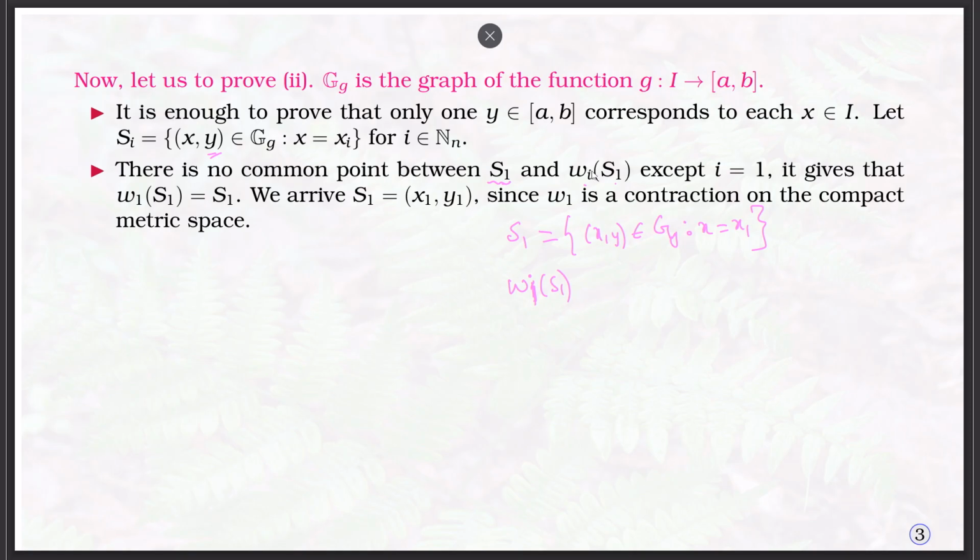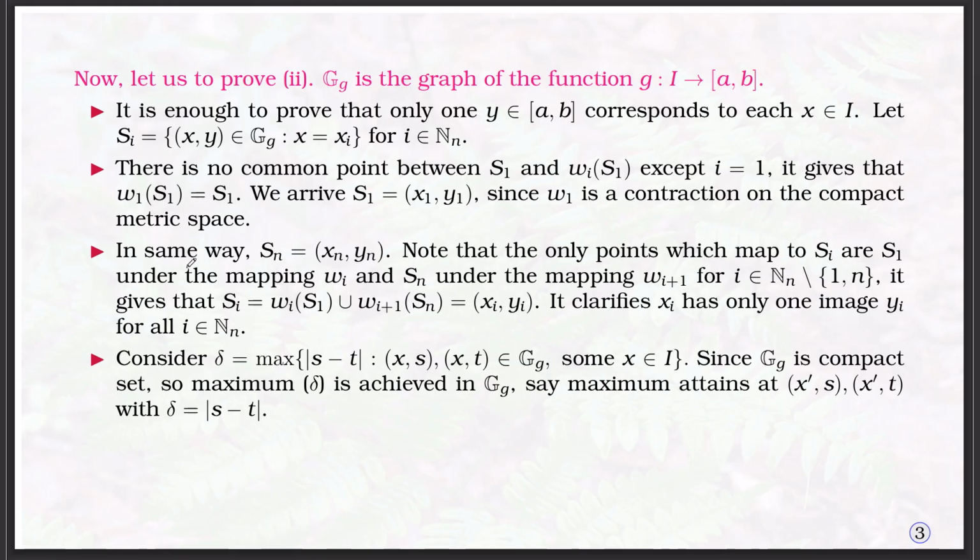So it gives that if you are taking 1, then it will map to S1, that means W1 of S1 gives S1. Then S1 is nothing but (x1, y1), since W1 is a contraction on the compact metric space. In the same way, if you are taking Sn, instead of x1 you take xn, i equal to n, then we can write Sn as (xn, yn).